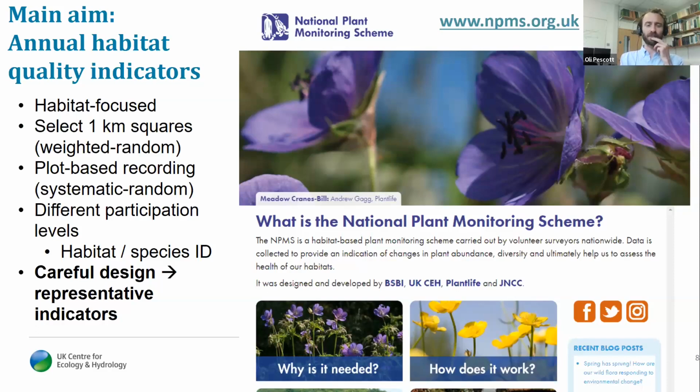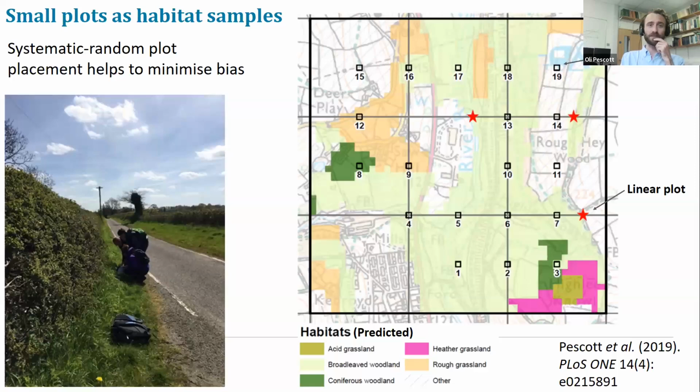So I also say something about trying to make it accessible to different experience levels. And so the whole thing is that final bullet point there: we need some careful design so that we have some indicators that we can claim are reasonably representative of what's happening across the area of the UK that we claim it represents.